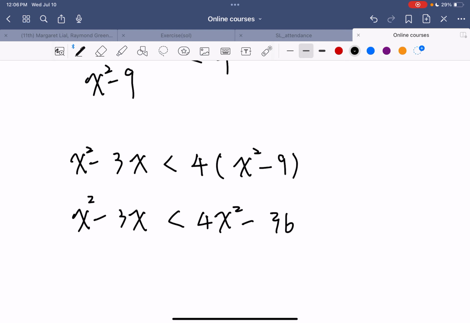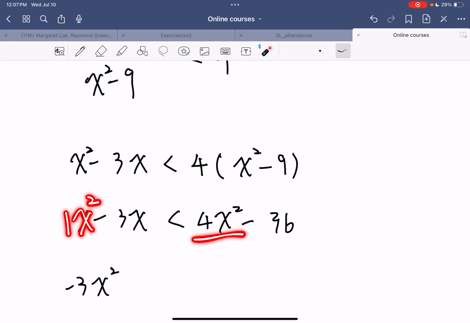So first we move this, this is minus 3x squared because we got 1x squared, and here 4x squared move to right and left will be minus 4x squared. 1 minus 4x squared will be minus 3x squared here.